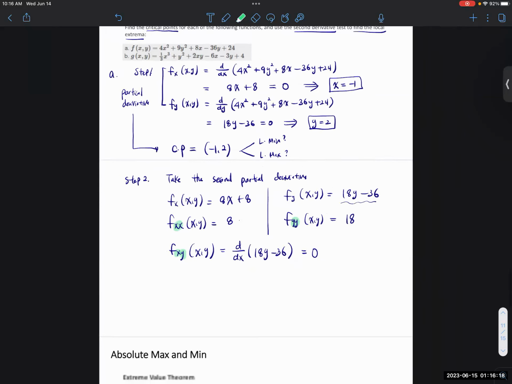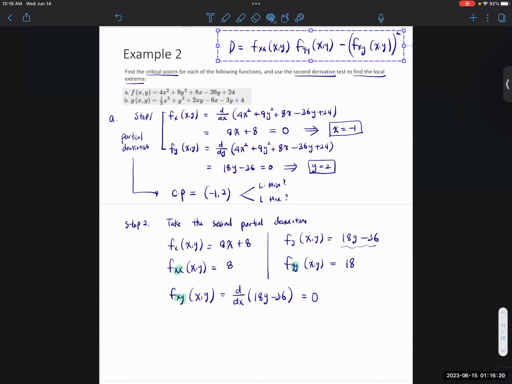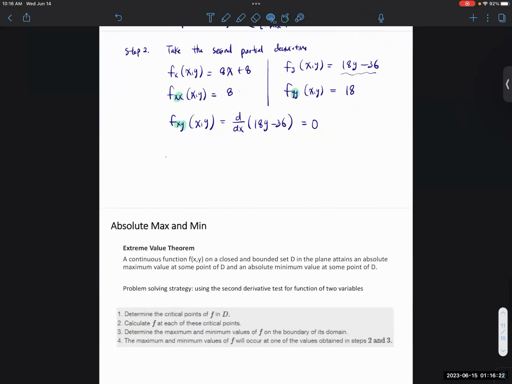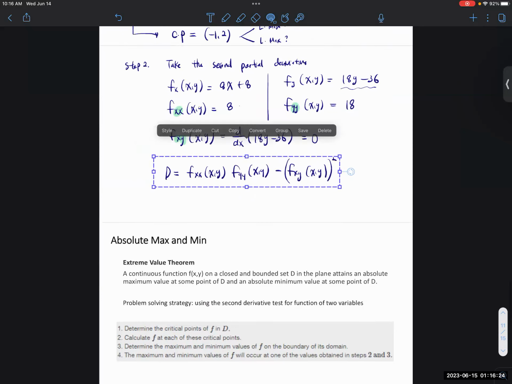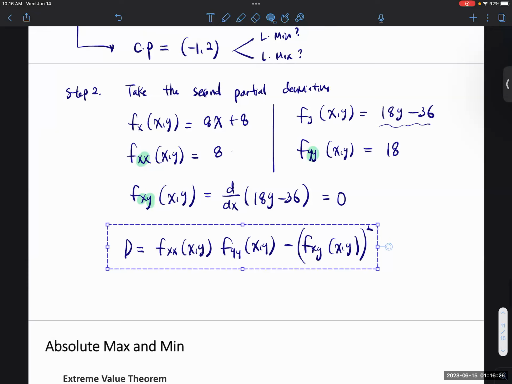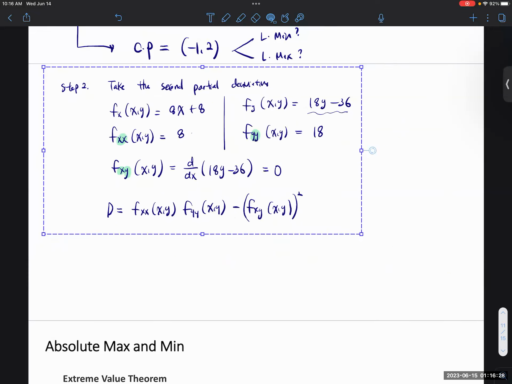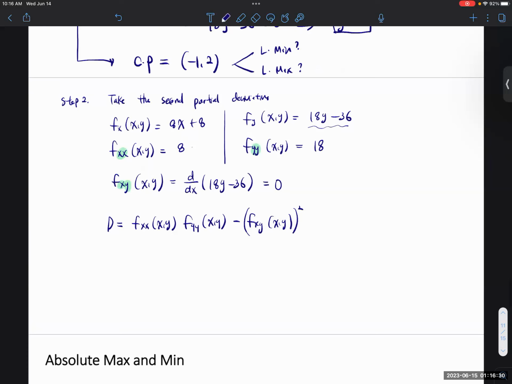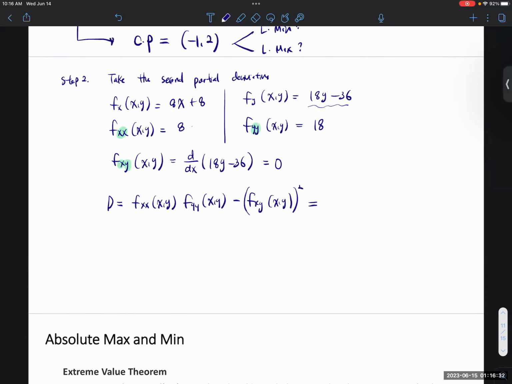So then we are going to copy, paste. I need to evaluate the D value. So let me minimize it. Okay. So we're plugging in. What happened? We have xx, we have 8 times yy, 18, minus 0 squared. So you should get what?